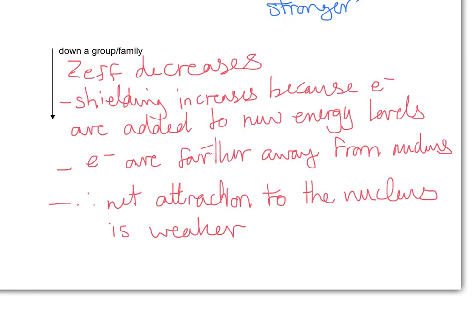So again, you go full circle. You define your property, then you state your trend, you have supporting statements. Your supporting statements usually have to do with shielding, and also your nuclear charge or your attraction. And so because the electrons are farther away, the net attraction is weaker.